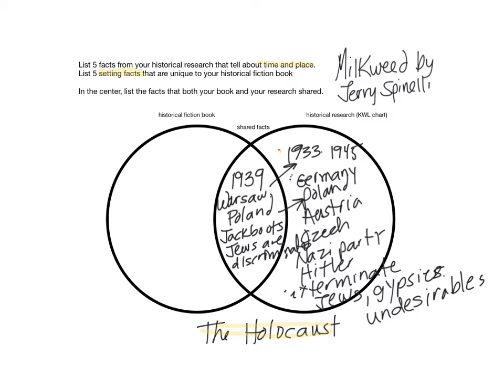So the last thing I want to think about is, all right, what parts of Milkweed are fiction? What parts of the story really are not historically verifiable? You couldn't go in and say that these particular people were real. You couldn't say that these particular places were real. So I noticed in my book, Milkweed, that the characters were make-believe, the characters were fictional, except for the Nazis.